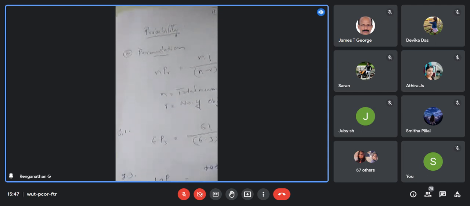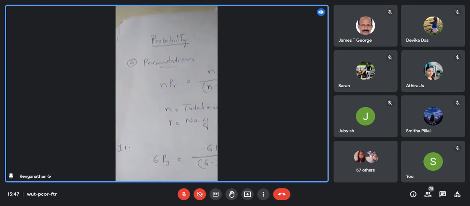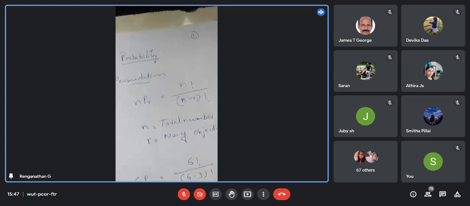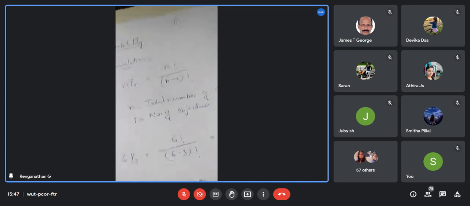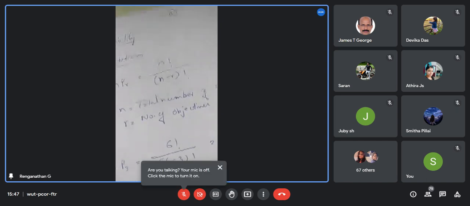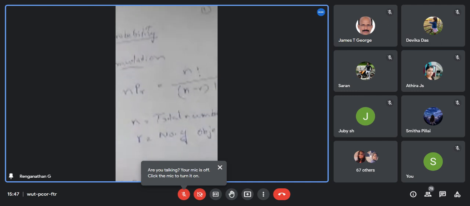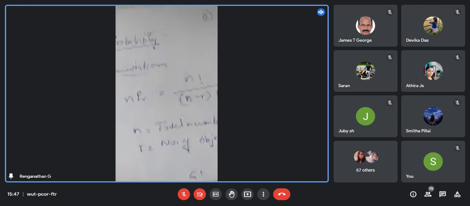Okay, if you wrote this formula, just write down a question now. I dictate the question, and you have to write it down.